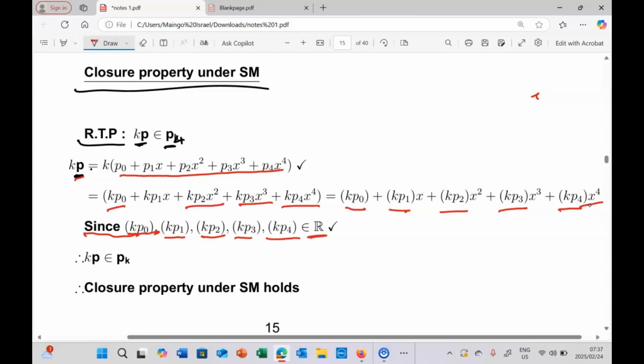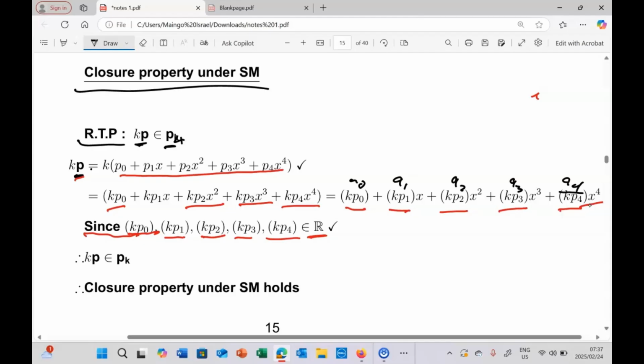So if these guys belong to the real numbers, let's say this guy is a naught, this one is a1, this one is a2, this one is a3, this one is a4.